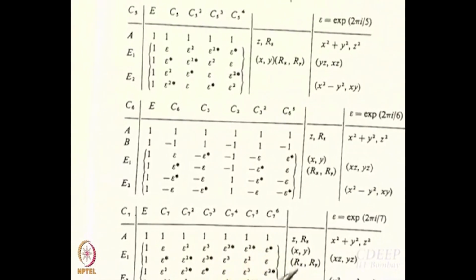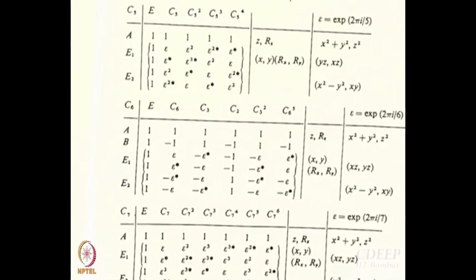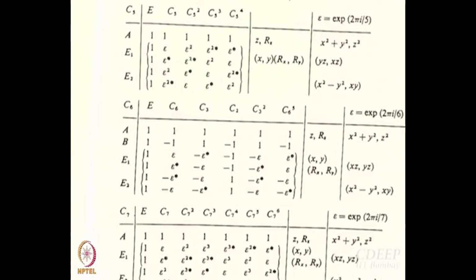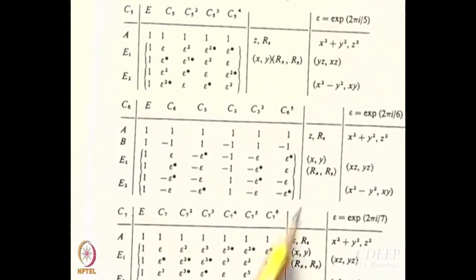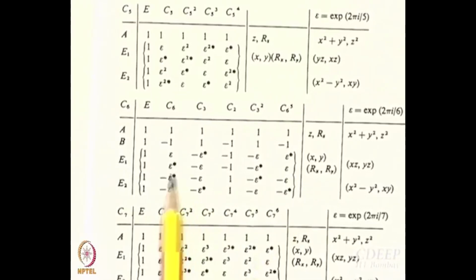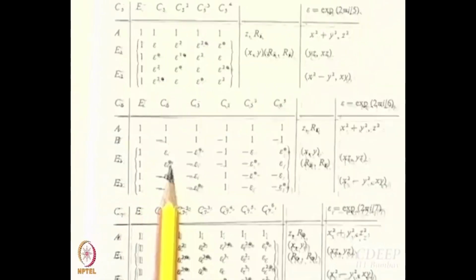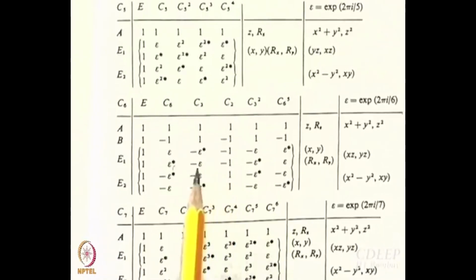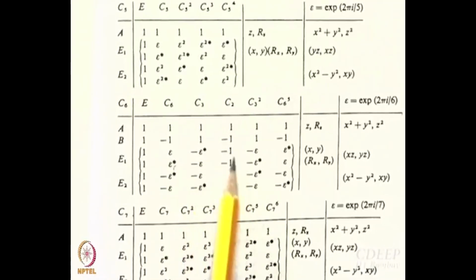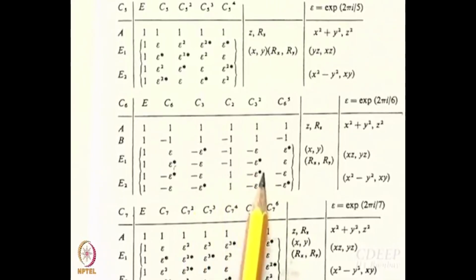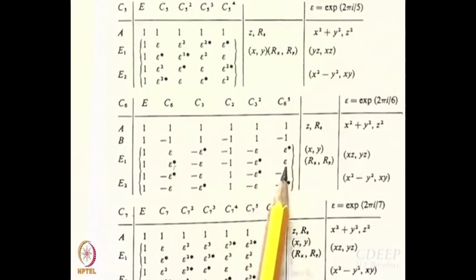Now can you see? See, epsilon, epsilon star. Look at E1: epsilon, epsilon star under the same operation. Minus epsilon star, minus epsilon, minus 1, minus 1, minus epsilon star, epsilon star, epsilon.